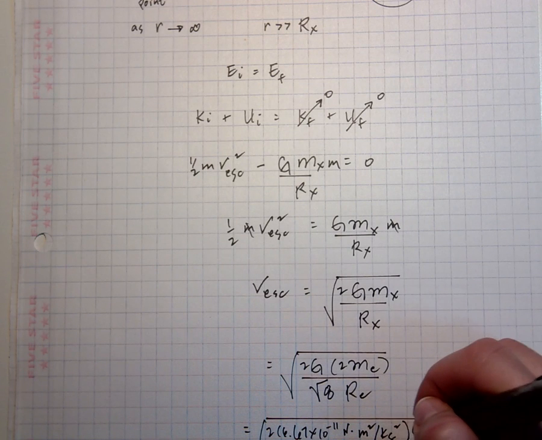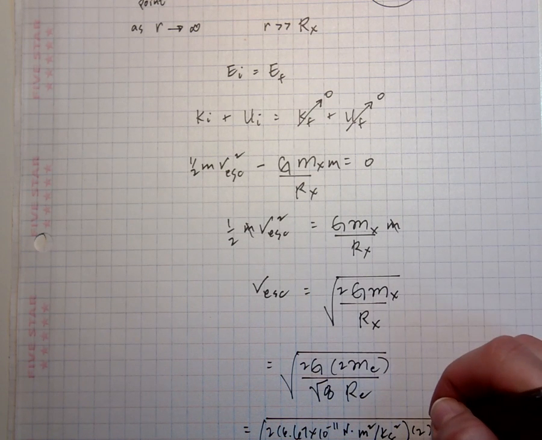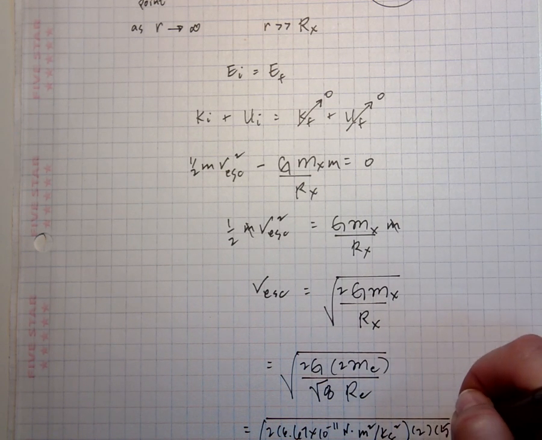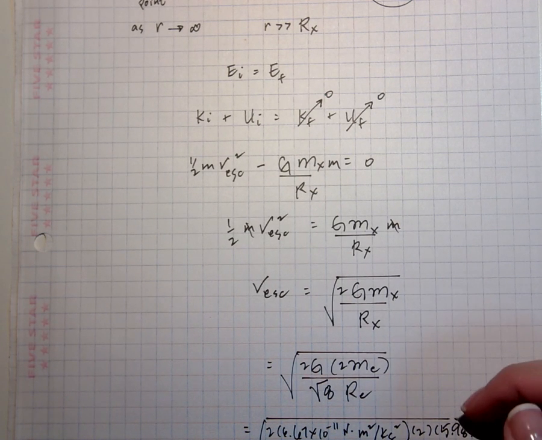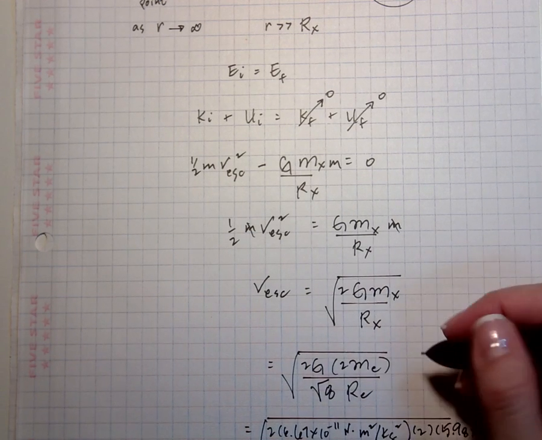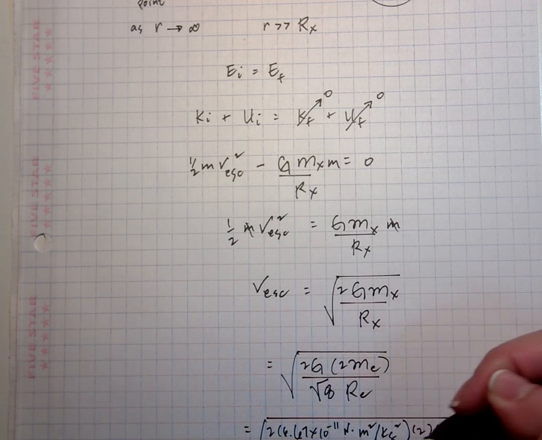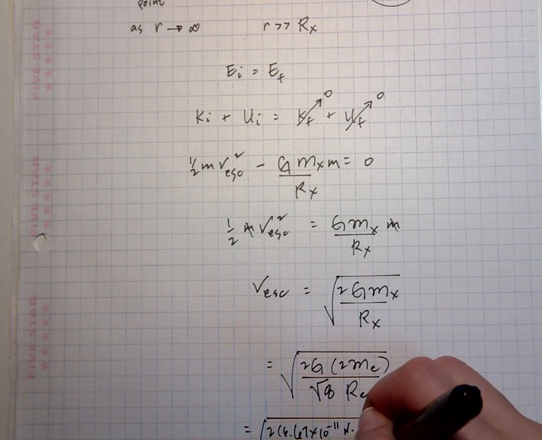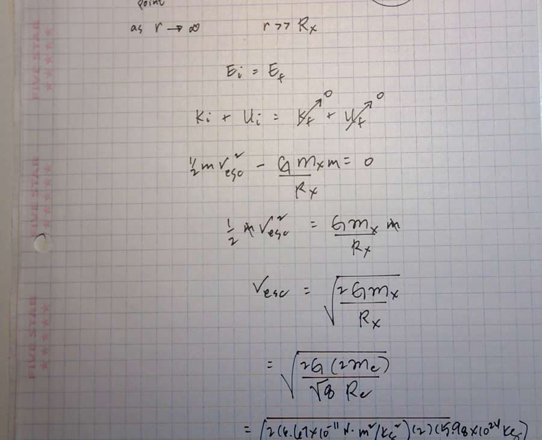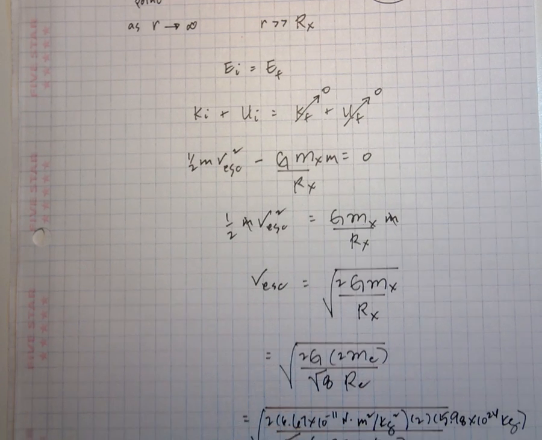Then you've got 2 times the mass of the Earth, 5.98 times 10 to the 24th kilograms divided by the square root of 8 times 6.37 times 10 to the 6th meters, the radius of the Earth. And if you plug all that in, you get 9,410 meters per second.